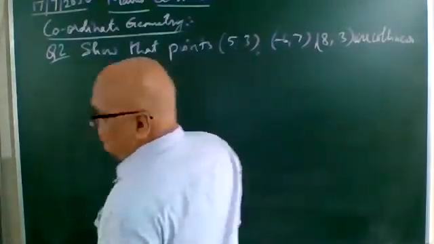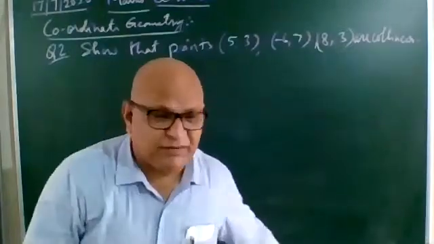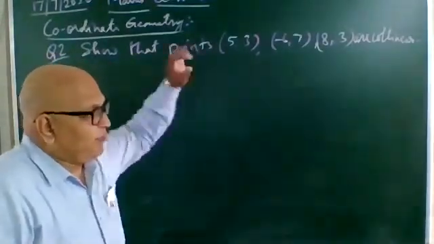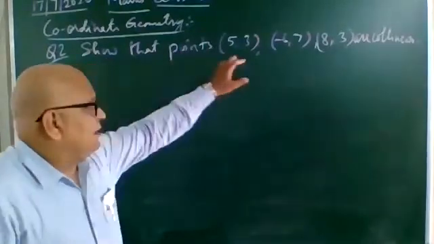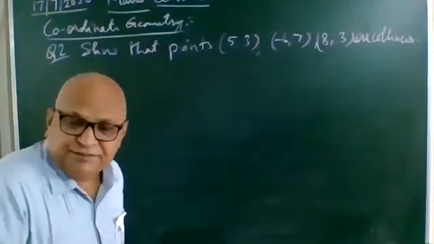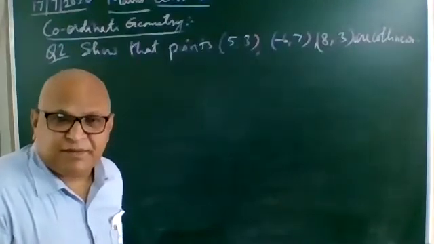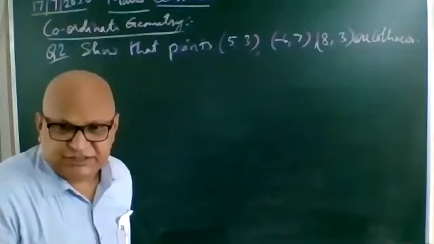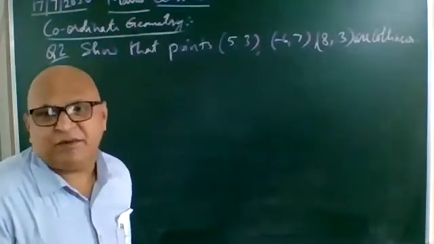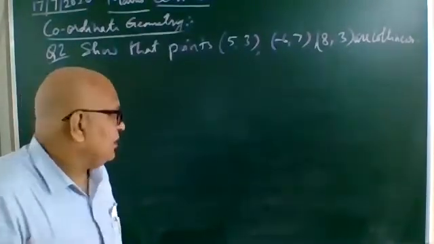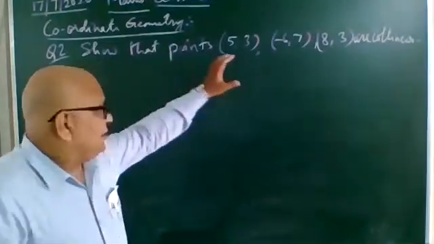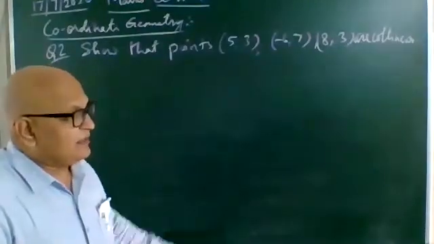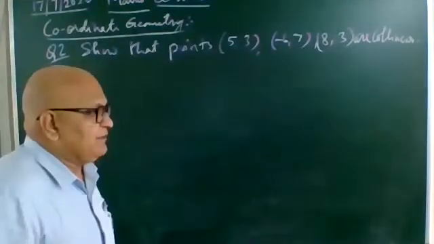Now, this question was asked 15 years before, near about 2005 or 6, when only the distance formula and section formula were there. So this question was asked in the exam, but they have changed this type of question.